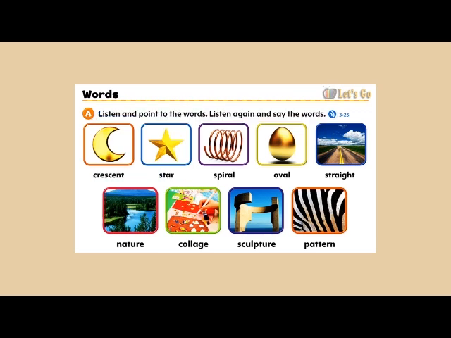Listen and point to the words. Listen again and say the words. Crescent, star, spiral, oval, straight, nature, collage, sculpture, pattern.